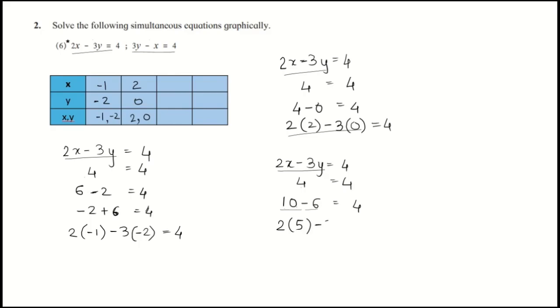Take minus 3 from the equation, and we need to get 6 here, and here it is minus sign. How will we get the minus sign? Minus into plus will give us minus. 3 into 2 will give us 6. So the point is 5 comma 2. X is 5 and y is 2. We need to get one more point for this equation.